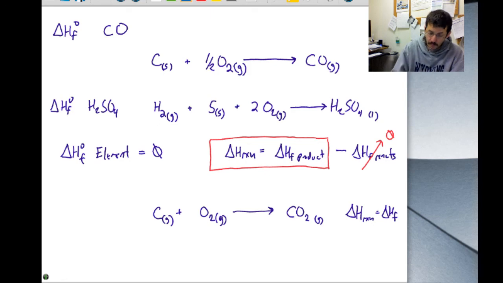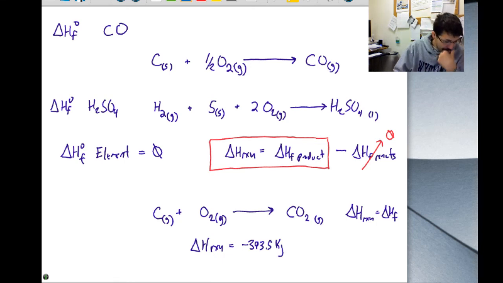And so if you take 1 mole of carbon and 1 mole of O2 and you heat them up in a container and you allow them to react completely, this is called fire, you can obtain carbon dioxide, and from that reaction, if you did it in a bomb calorimeter, the enthalpy change of the reaction would turn out to be negative 393 kilojoules. And you could then know that that would be the delta H of formation for CO2.